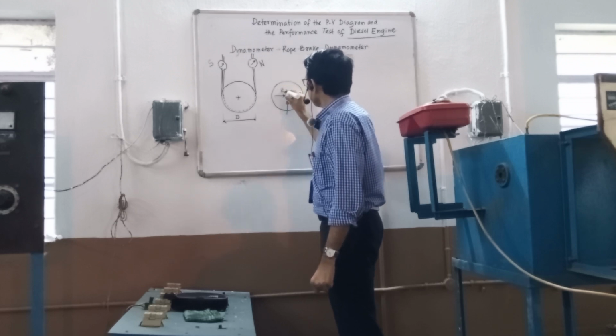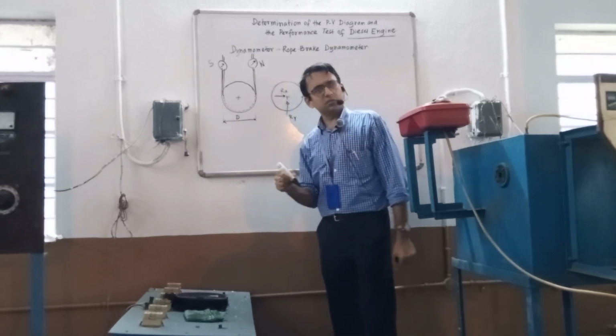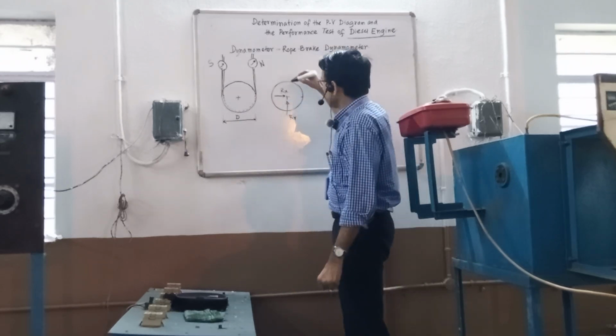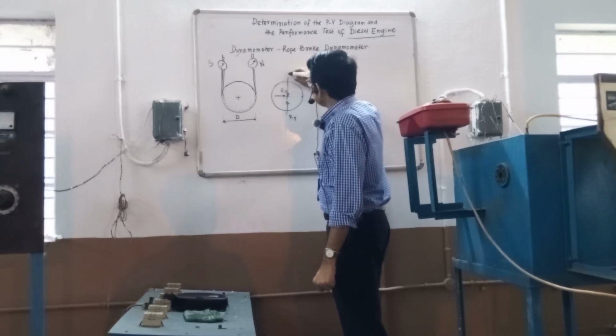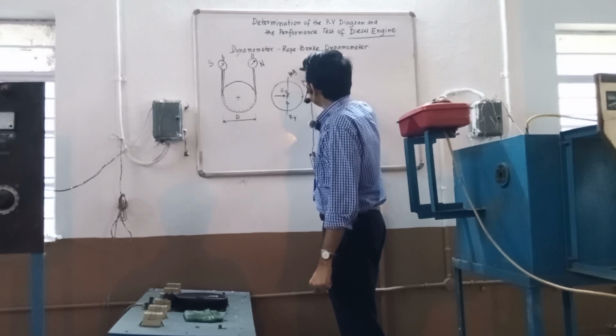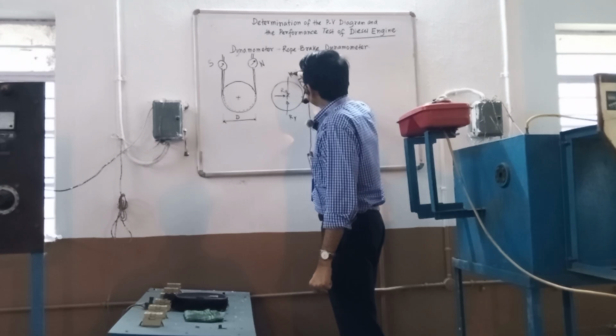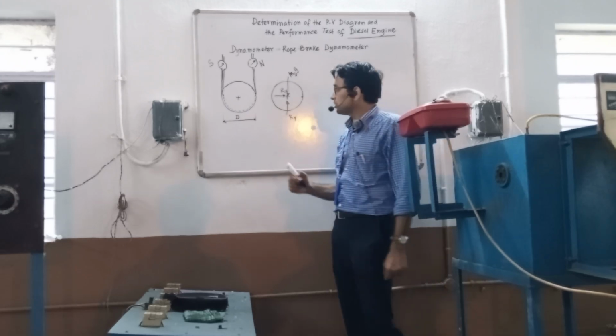For example, Rx, Ry, and there will be some weight of that dynamometer, that is the drum, that will also be passing through the center. So that is a weight, or mg, of the mass of the drum and the acceleration due to gravity.